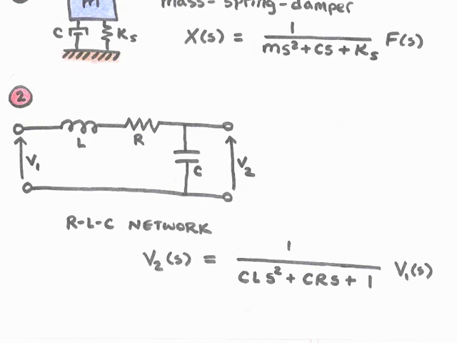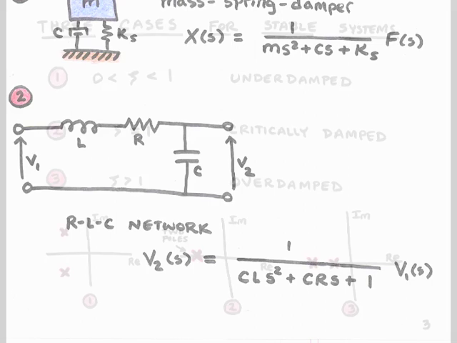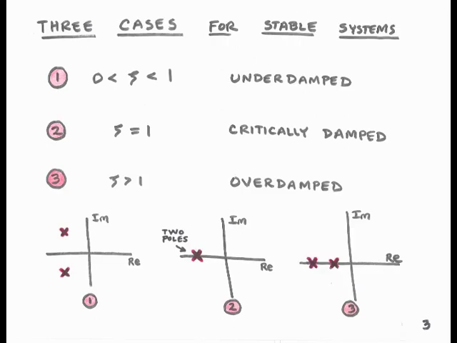So now that we've seen some examples of second-order systems, let's turn our attention to the transient response. And we'll need to think about 3 cases. All of these cases correspond to stable second-order systems. That's the transient response we're most interested in. If the system was unstable, then of course the transient response would become unbounded.